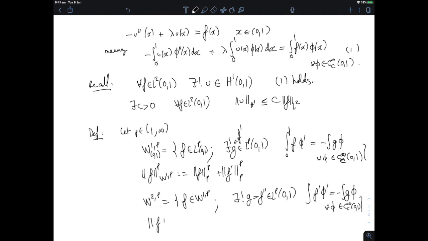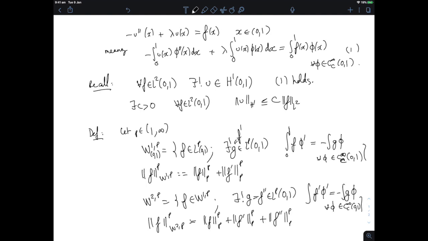And the norm that we have on the second order Sobolev space is again what you probably think it is: the LP norm of f raised to the power p plus the LP norm of its weak derivative plus the LP norm of its second weak derivative, all of that raised to the power p.